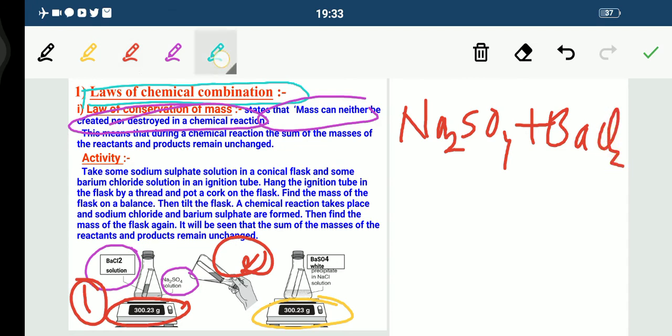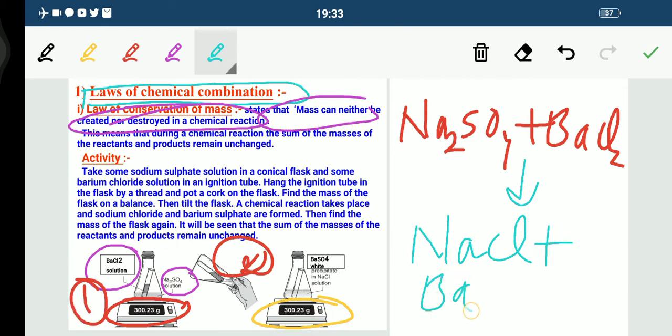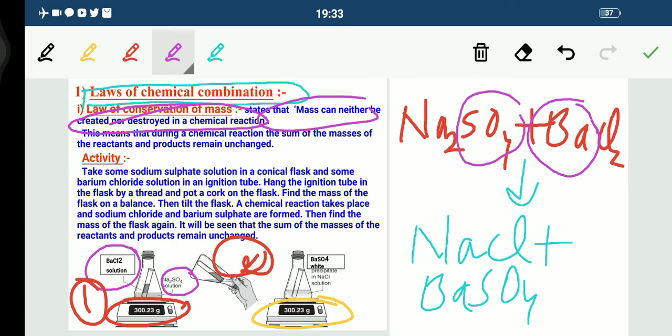These two things have been added together, then which things have formed? NaCl and barium sulfate, that is BaSO4. And you all can see here, this is barium sulfate and this is NaCl.